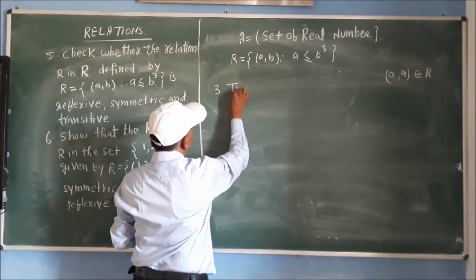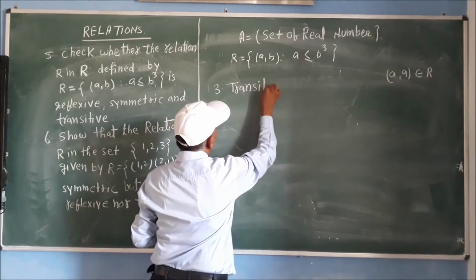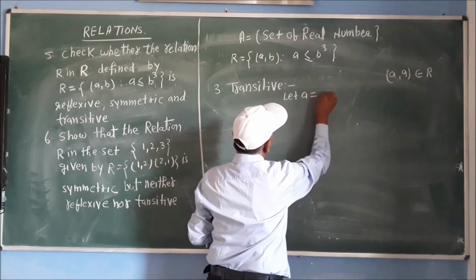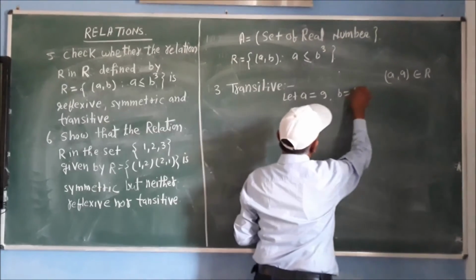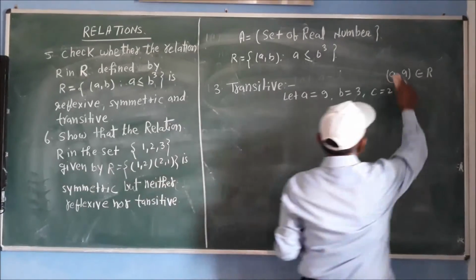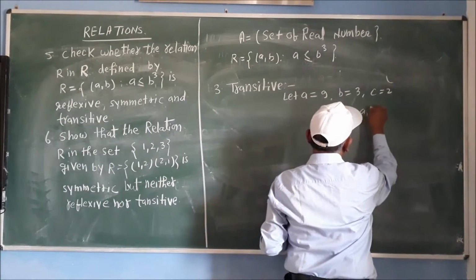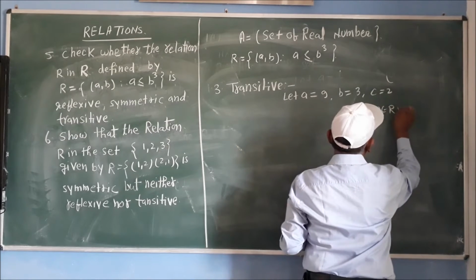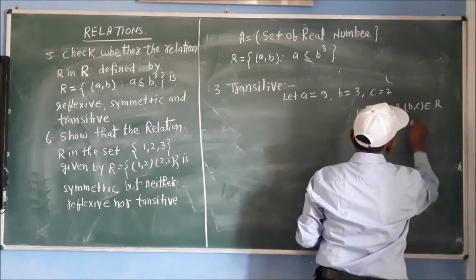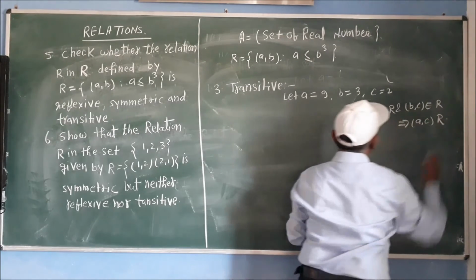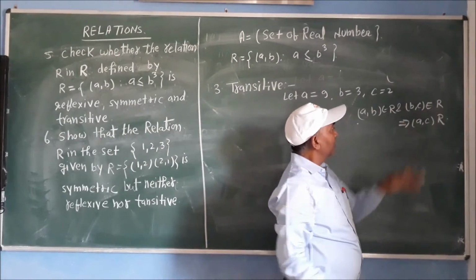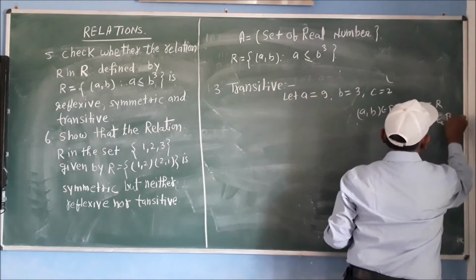For the transitive relation, you write: let a = 9, b = 3 and c = 2. The property for a transitive relation is: if (a, b) belongs to R and (b, c) belongs to R, this implies (a, c) must belong to R, it must be an element of the relation.